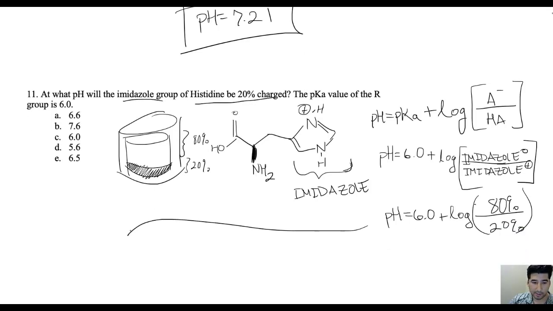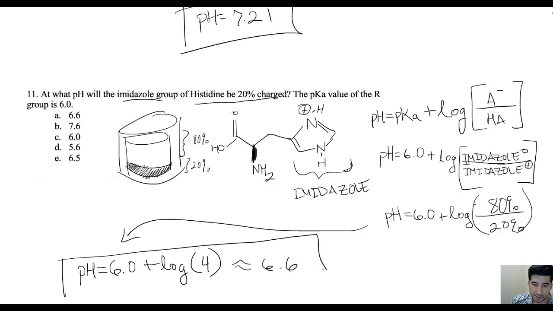So this will represent a pH equal to 6.0 plus log of 4. I hope I did my math right. So that would be a pH of about 6.6.